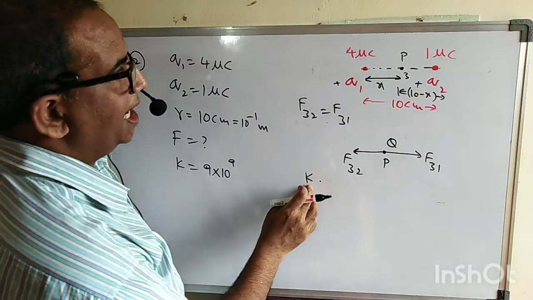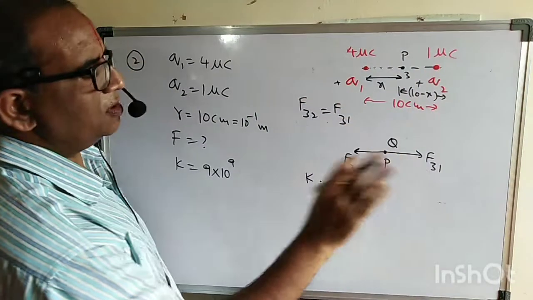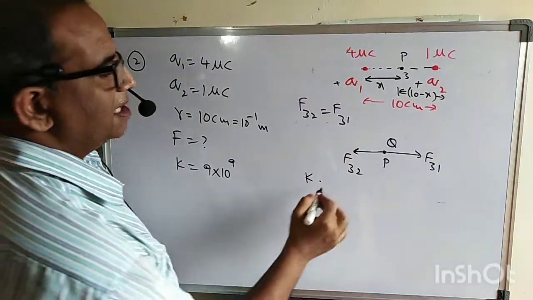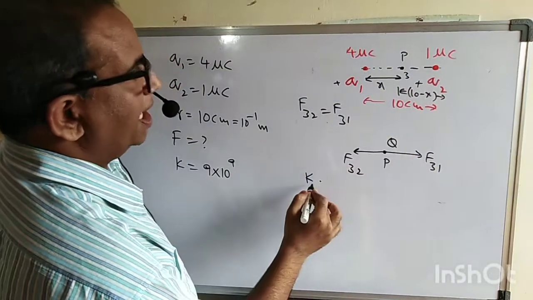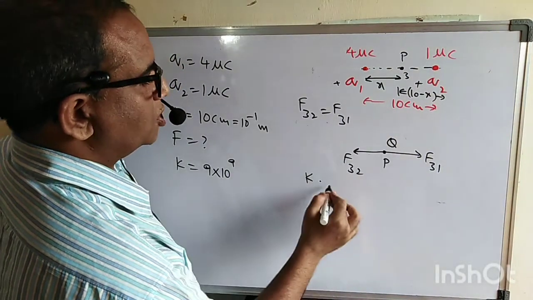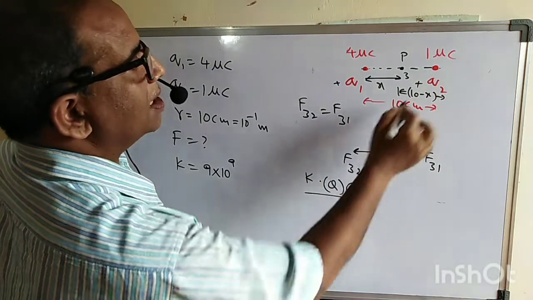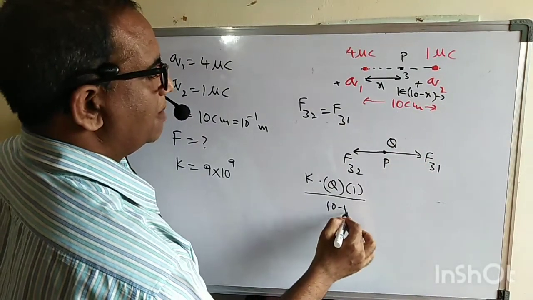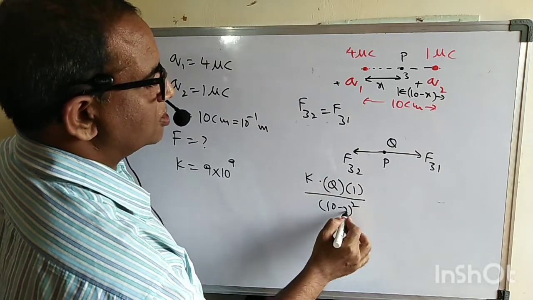Therefore K, and on this side and that side the micro will be the same, so no need to write it again. So K Q1 Q2 by R square. What is R square here? 10 minus x whole square.